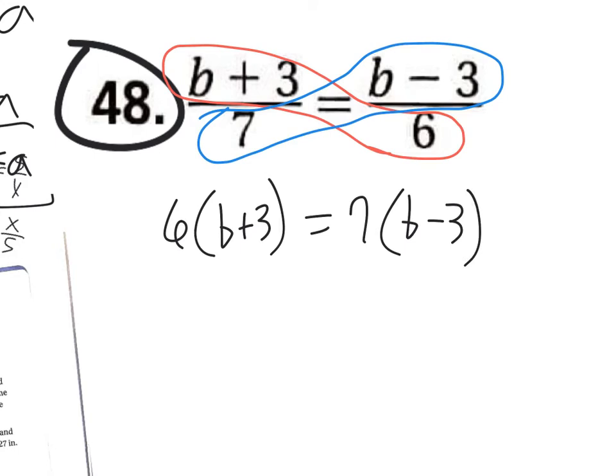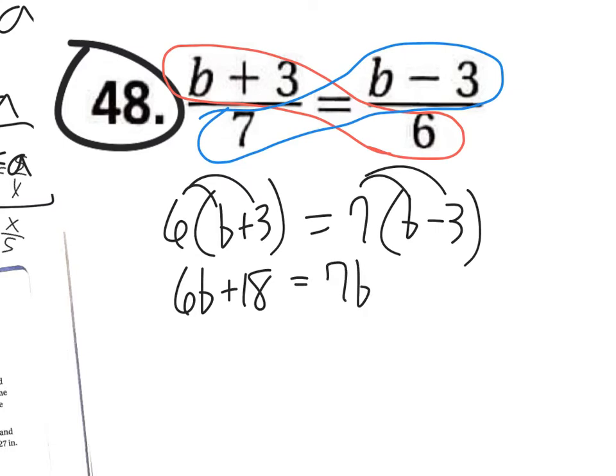So 6 times the quantity b plus 3 equals 7 times the quantity b minus 3. We can go ahead and distribute. Make sure you distribute to everything inside the parentheses. So 6b plus 18 equals 7b minus 21. Then we can go ahead and get our variable on one side.